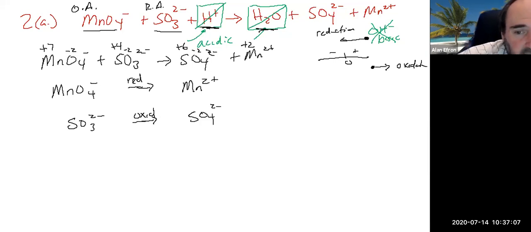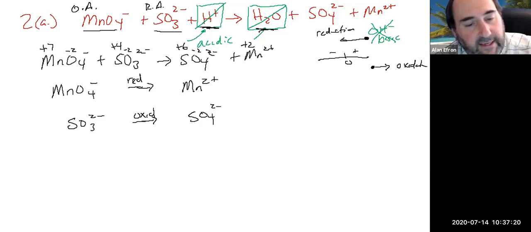So what we want to do now is what we talked about before. We want to balance everything other than oxygen and hydrogen. 1 Mn here, 1 over here, so that's good. 1 sulfur here, 1 sulfur here, so that is good.